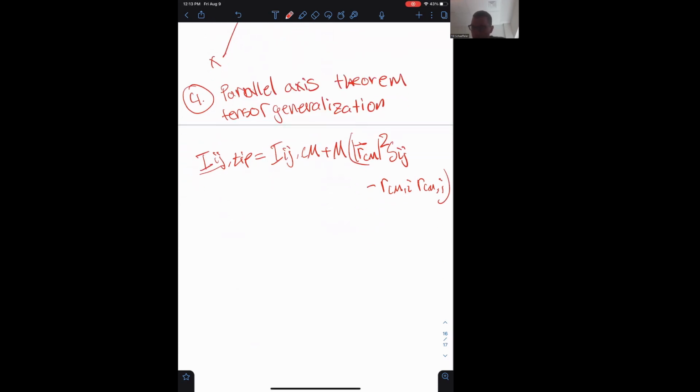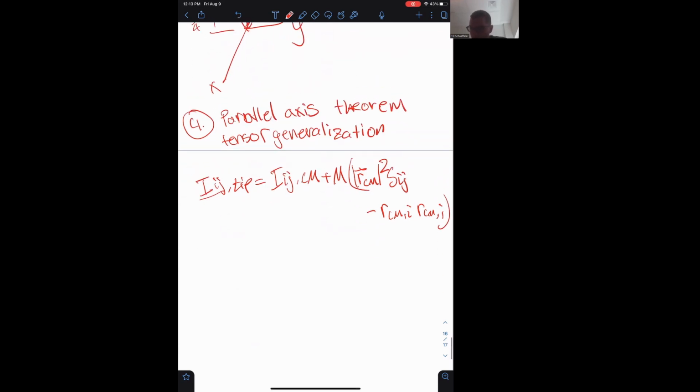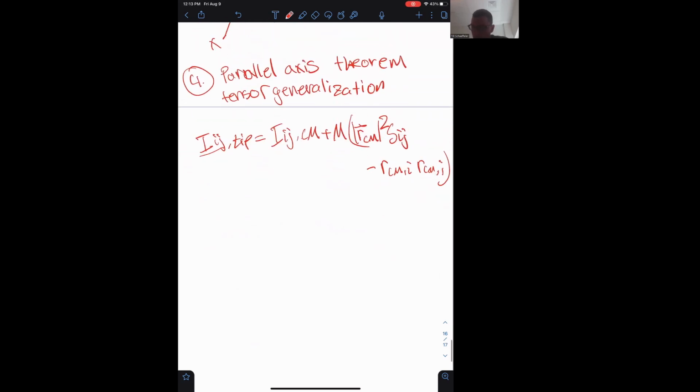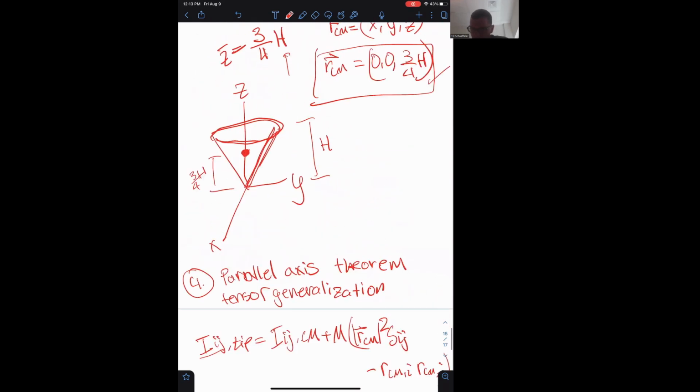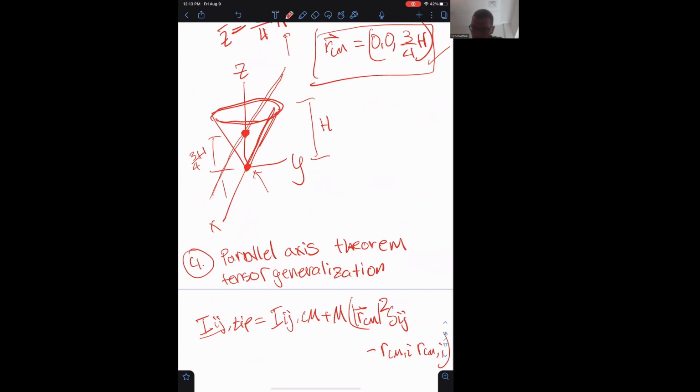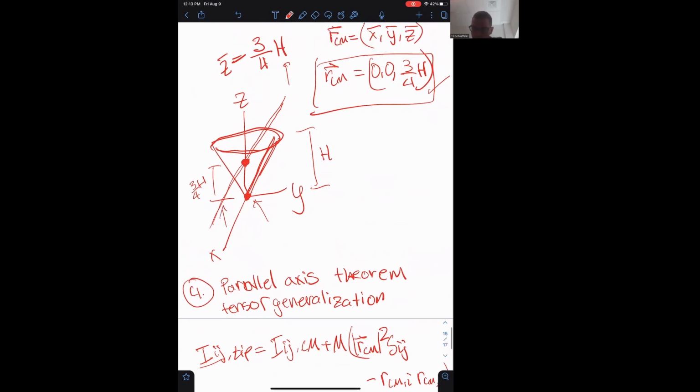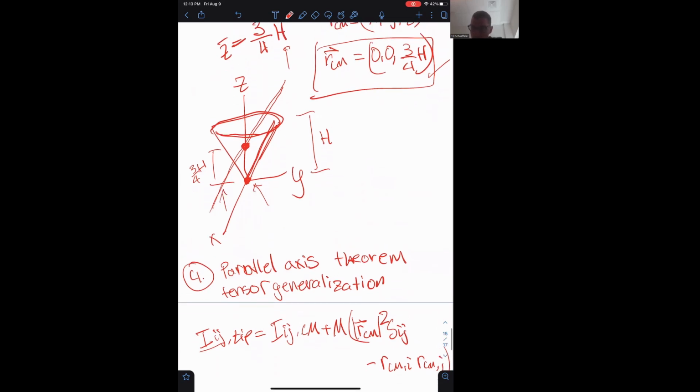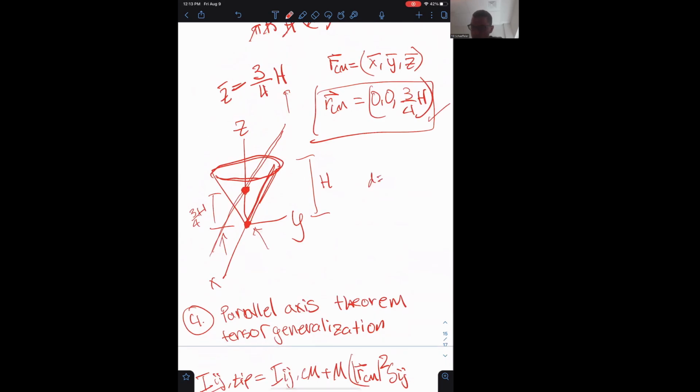So it looks a little scary, but all this means is, using this picture, we have the moment of inertia tensor through the tip here, and we want to find the moment of inertia tensor through this point, which the parallel distance that it is away from here, we found.